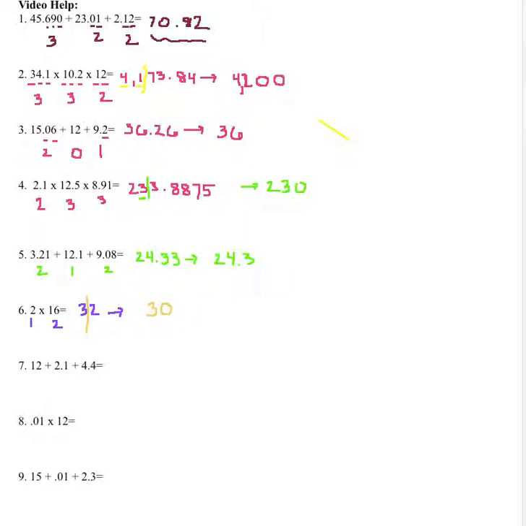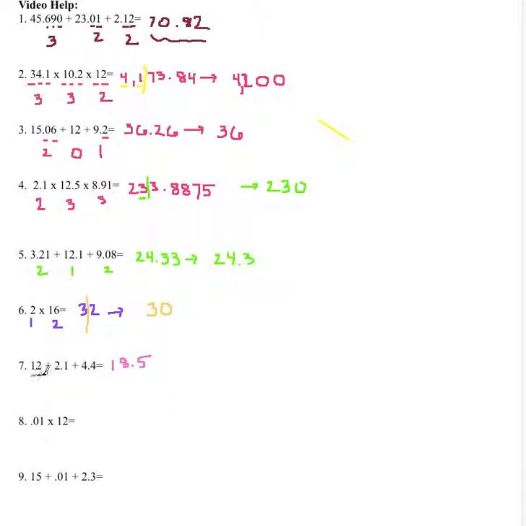Awesome. Next one. We're just flying through these. 12 plus 2.1 plus 4.4 gives you 18.5. Okay, now, since I'm adding, I need to go based on decimal places. And remember, adding and subtracting is decimal places, multiplying and dividing is sig figs.